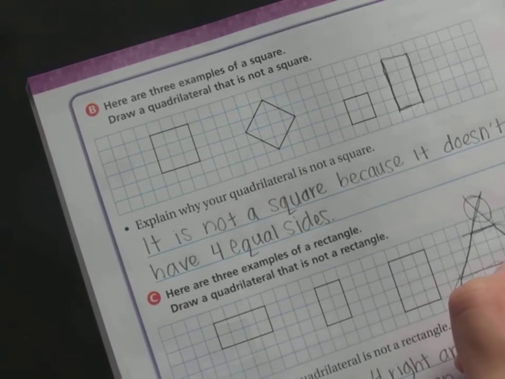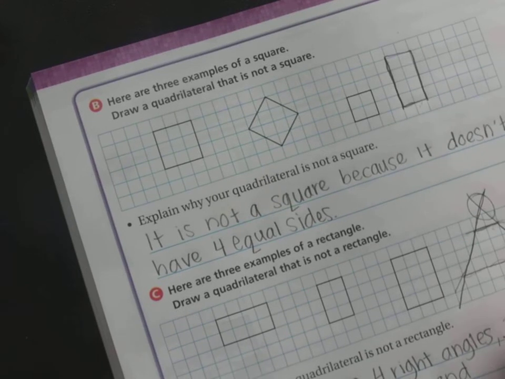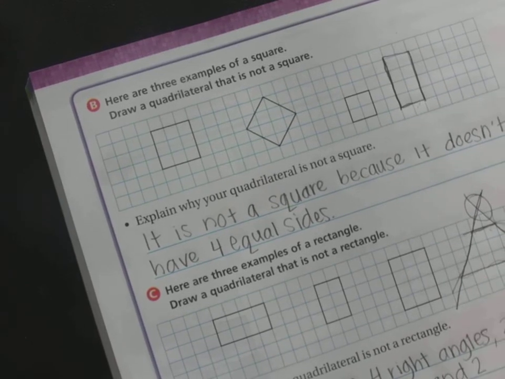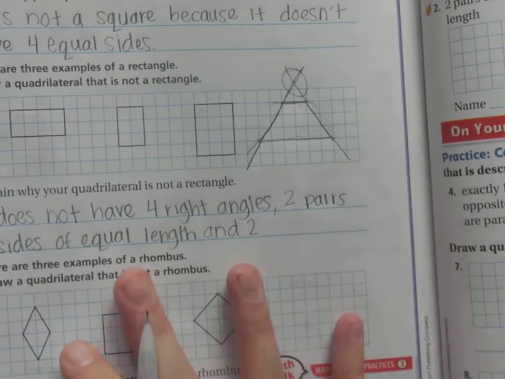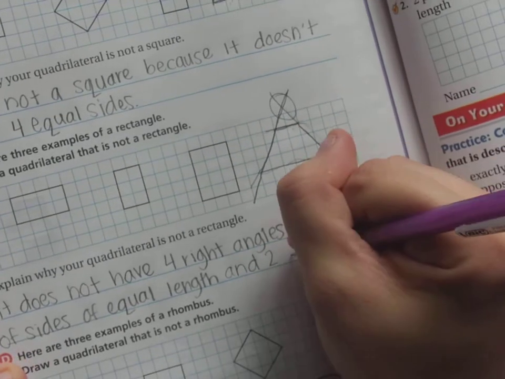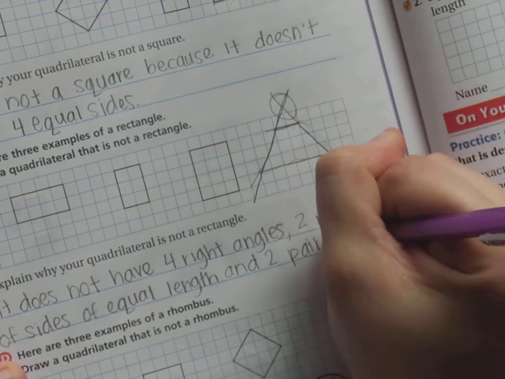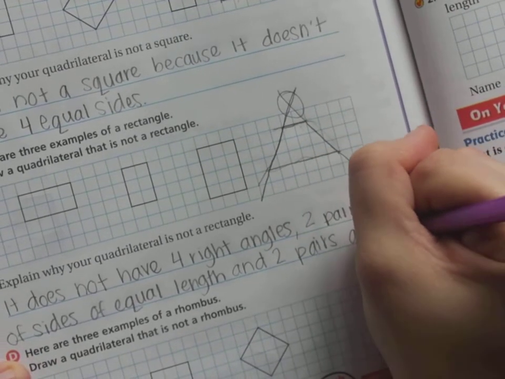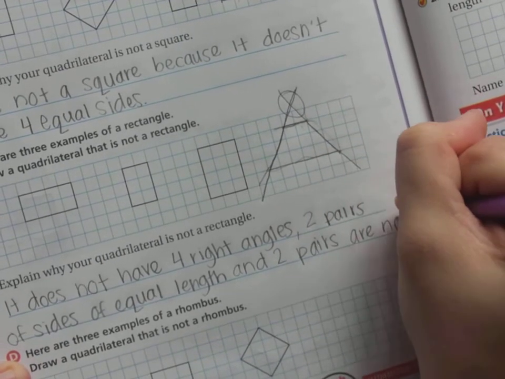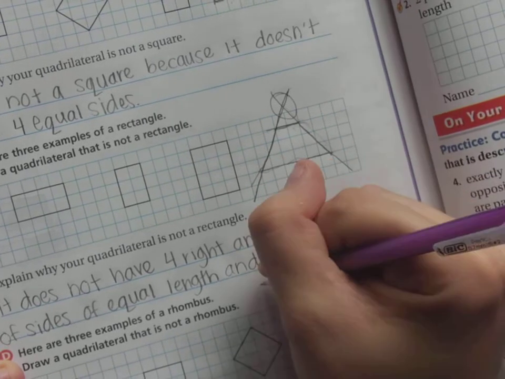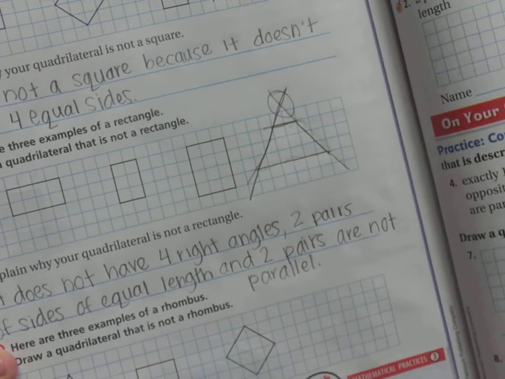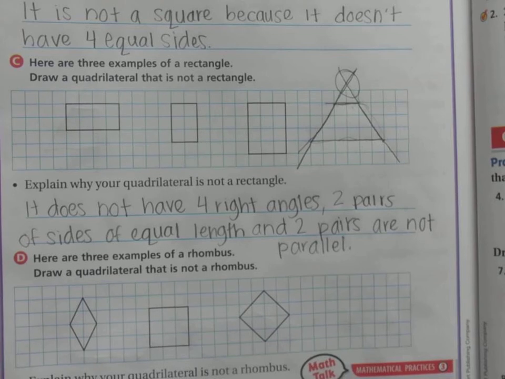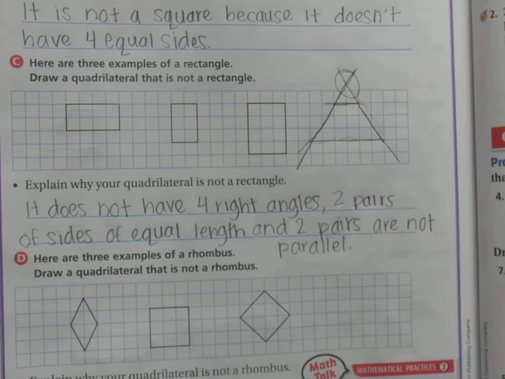And 2 pairs are not parallel. All right, again, pause it. I know that was a lot of writing, but I am moving on to the next one.